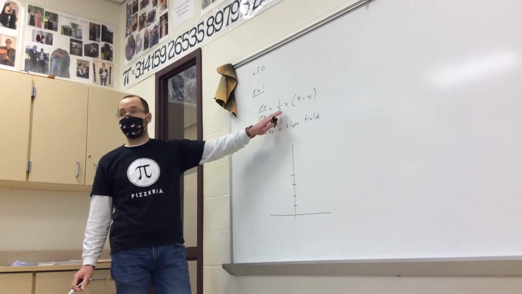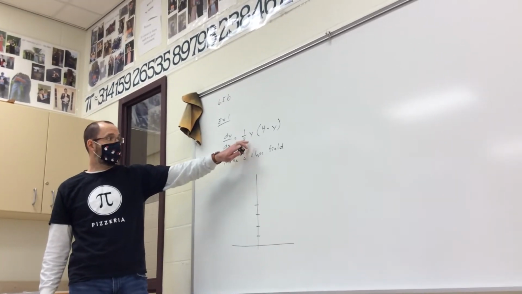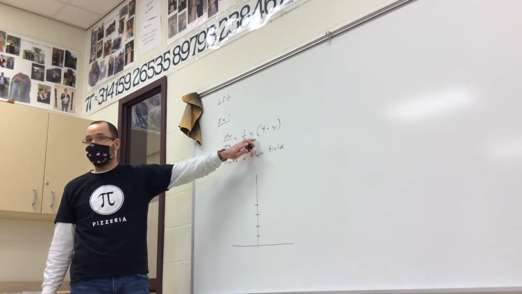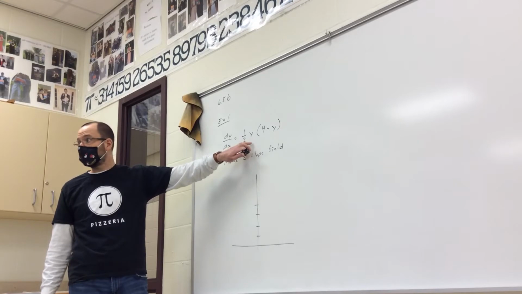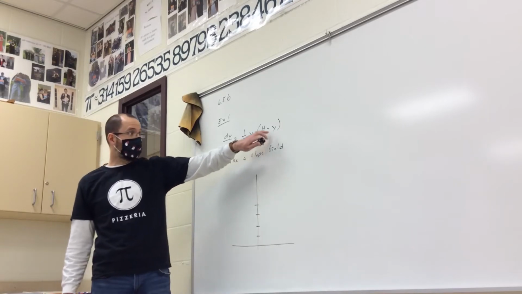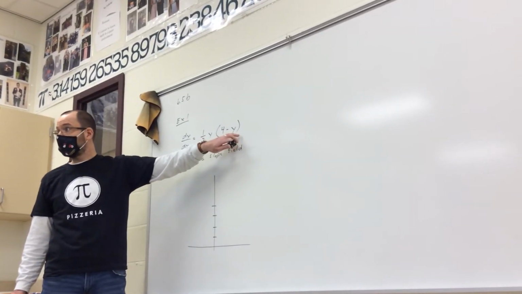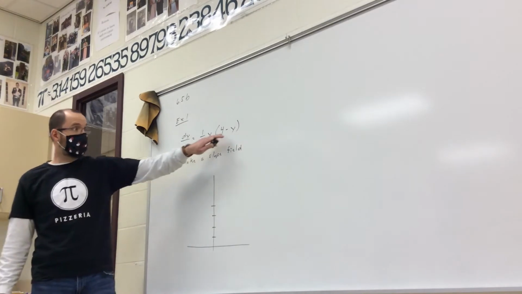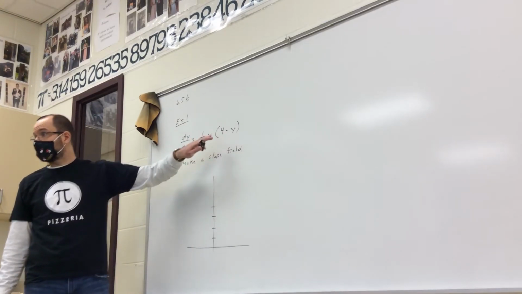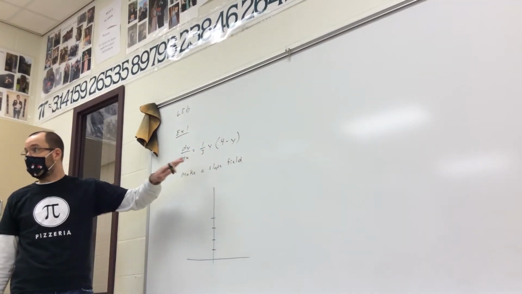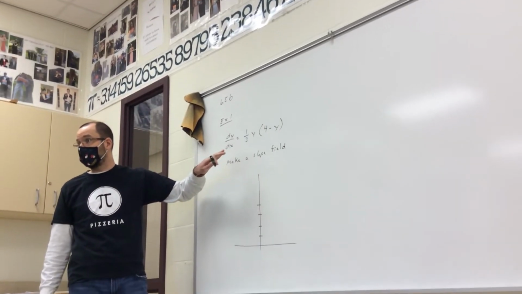If you stick 4 into this, it's 1/3 times 4, which is 4/3. And then 4 minus 4 is 0. So it's 4/3 times 0, which comes out to 0. So that means when the y value is 4, the slope is 0.